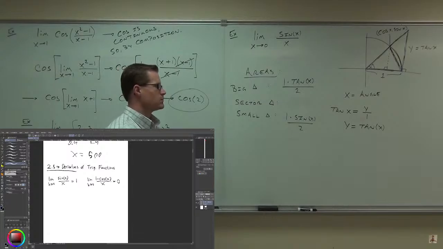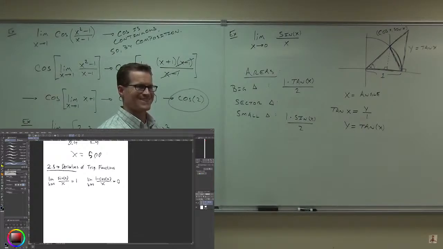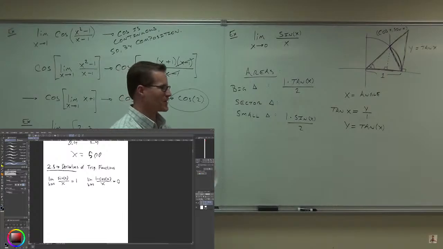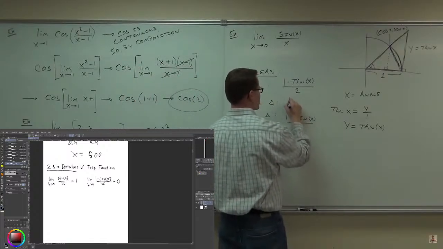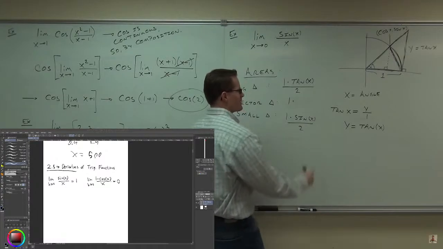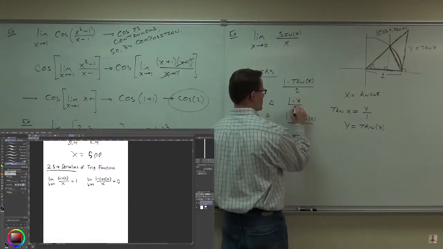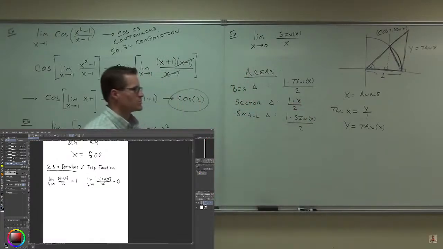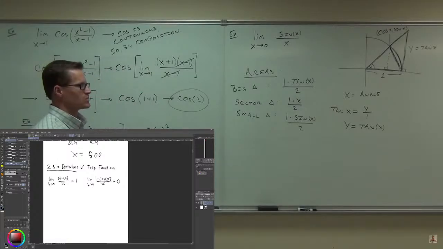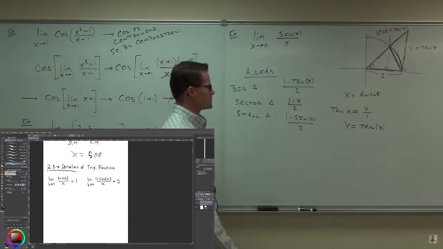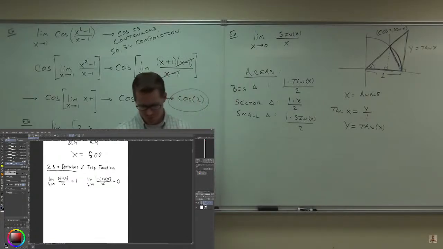No. The area of the sector minus the small triangle. Sure. How do you find the area of a sector? There's actually a formula for it. It is your radius squared times your angle over 2.